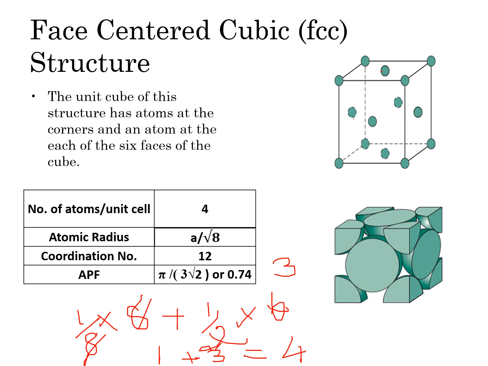Coming to the coordination number. The coordination number is the number of nearest neighboring atoms. In this type of structure, for any corner atom of the unit cell, the nearest are the face-centered atoms of the surrounding unit cells in its own plane, and 4 face-centered atoms above and 4 face-centered atoms below.